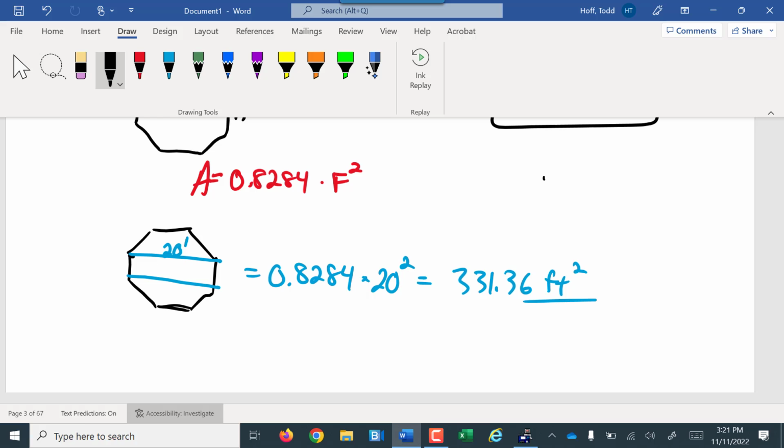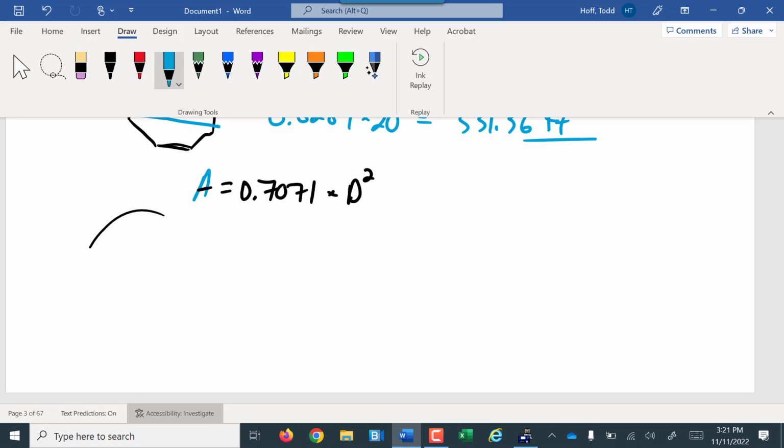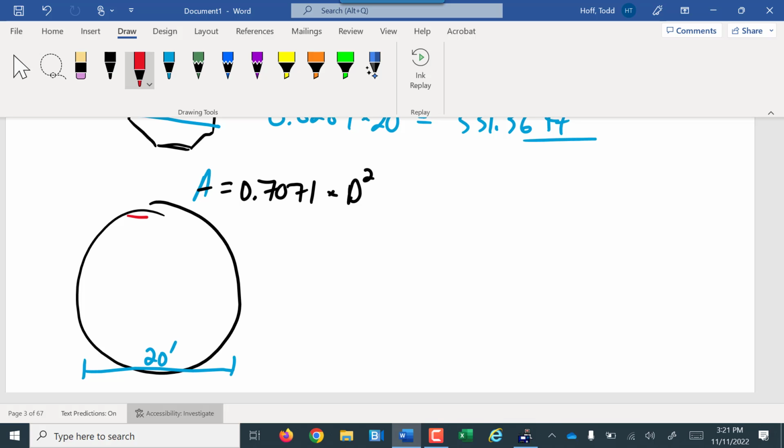Or if what you know is the diagonal, then the area is 0.7071 times that diagonal distance squared. This is actually one that I encountered. They had a round silo base that was 20 feet in diameter, and they wanted a gazebo built on top of that base.